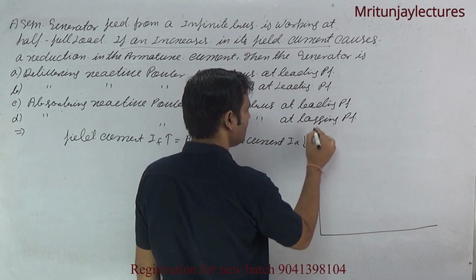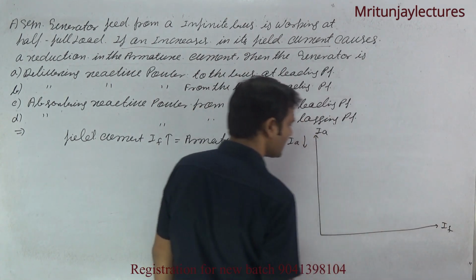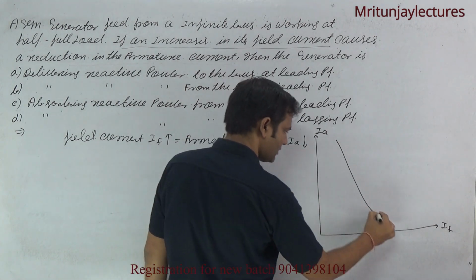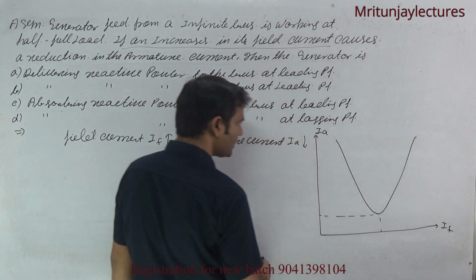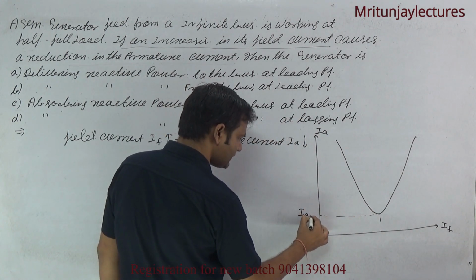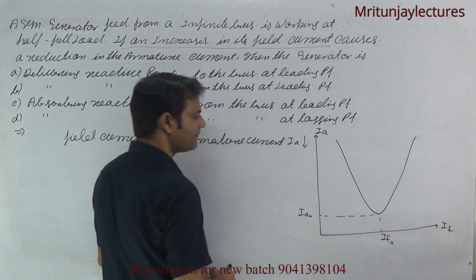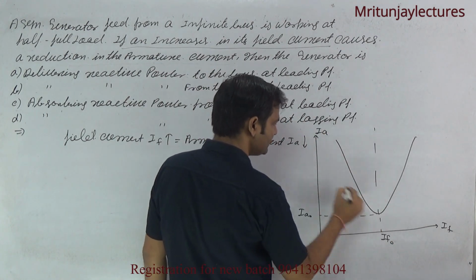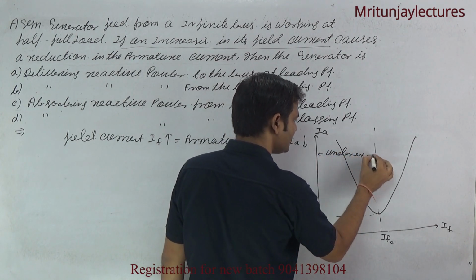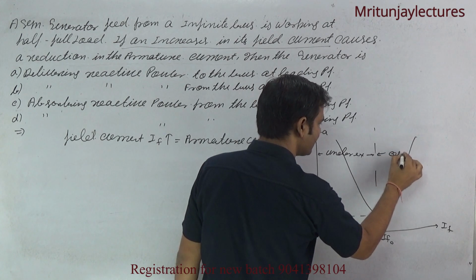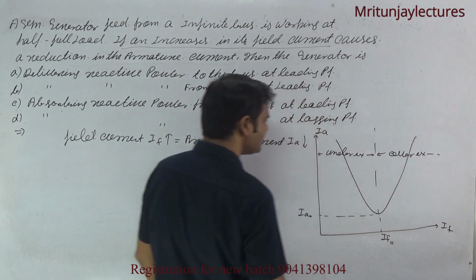Corresponding to the question, first of all plot IA versus IF. That is IA0 and that is IF0. Clear? This region is under excitation and this one is over excitation.